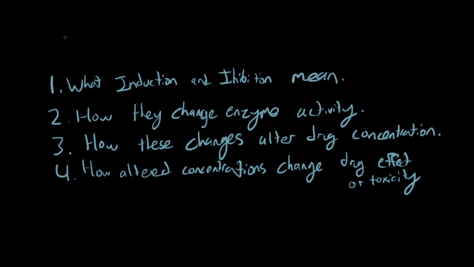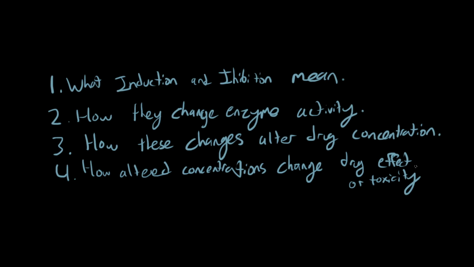What does that really mean? If something is induced or inhibited, how does that change an enzyme's activity? How do those changes alter a drug's concentration if that drug is metabolized by that enzyme?